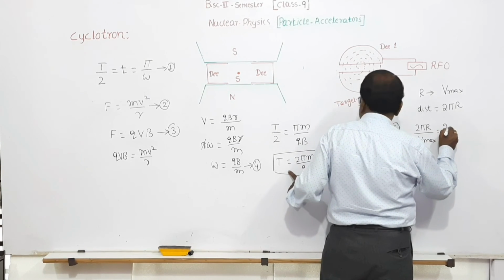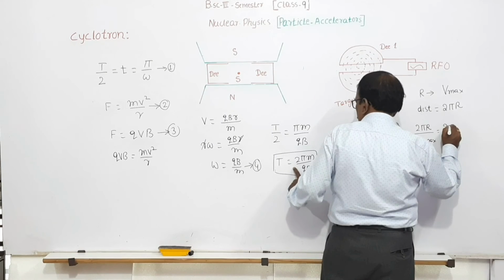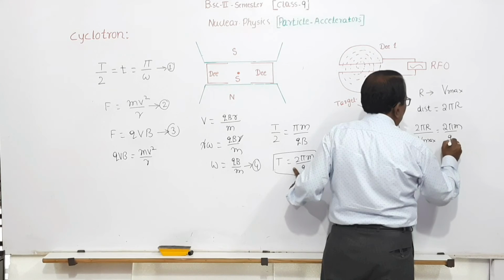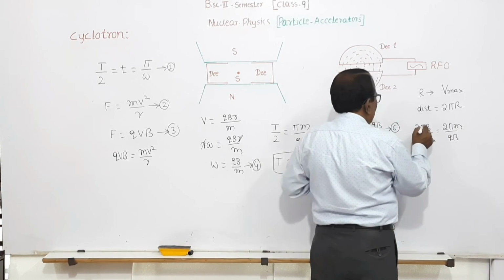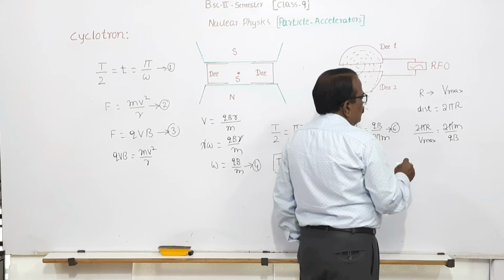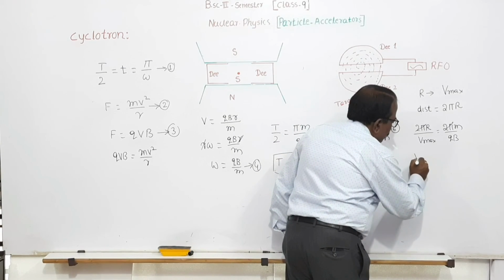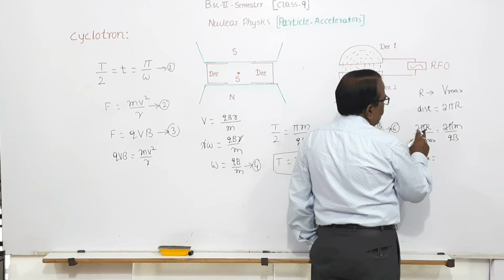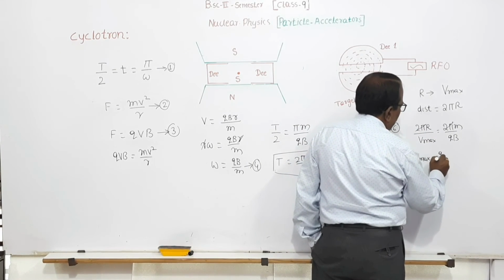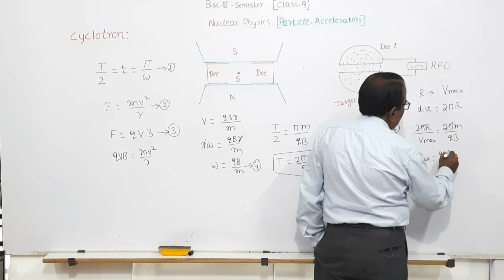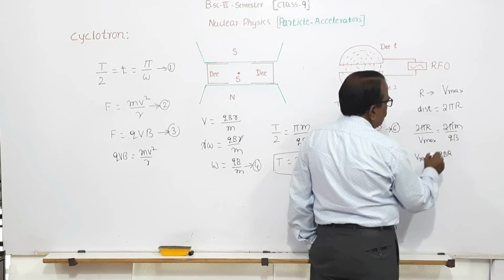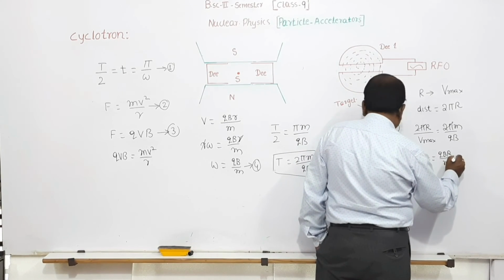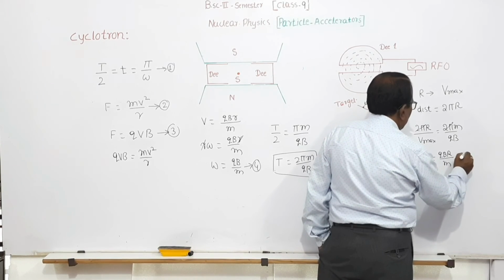This is equal to 2 pi m upon qB. Then this 2 pi gets cancelled. Then what is this v maximum? V maximum is equal to qBr upon m. This is your equation 7.